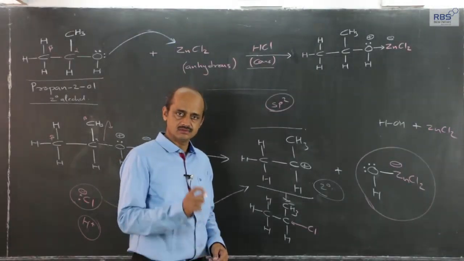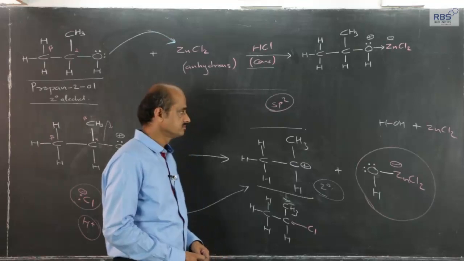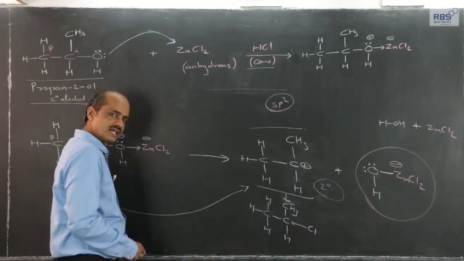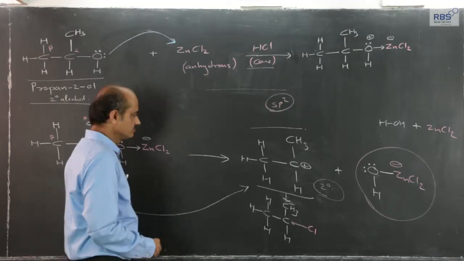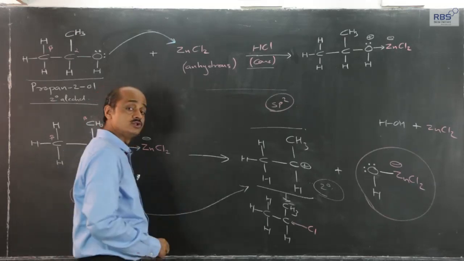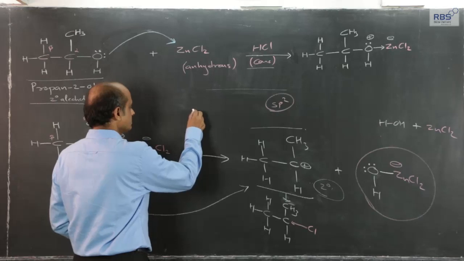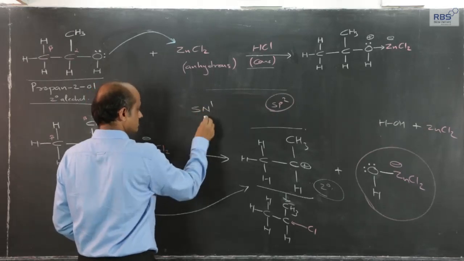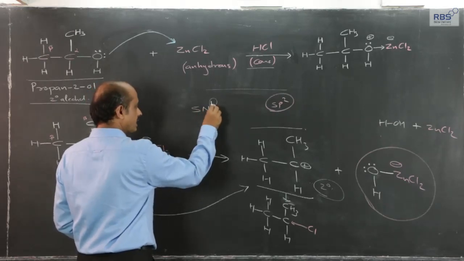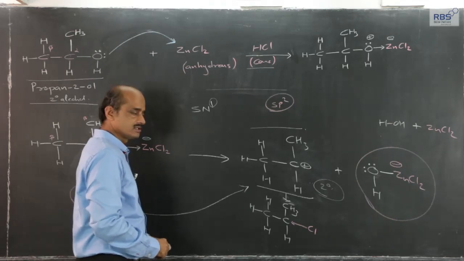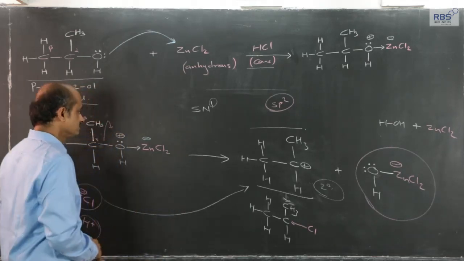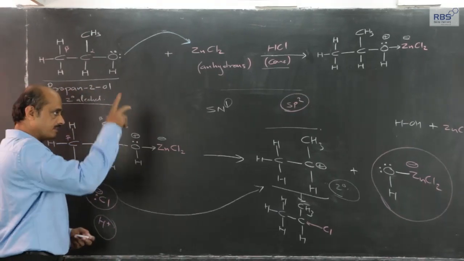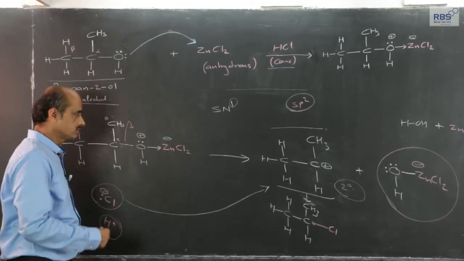So, lastly I want to make a point. The earlier example of ethyl alcohol, you can go back and see, was SN2. This is an example of SN1. The 1 stands for kinetics, which I have not yet explained in detail, but the difference is that both are nucleophilic substitution, no doubt.